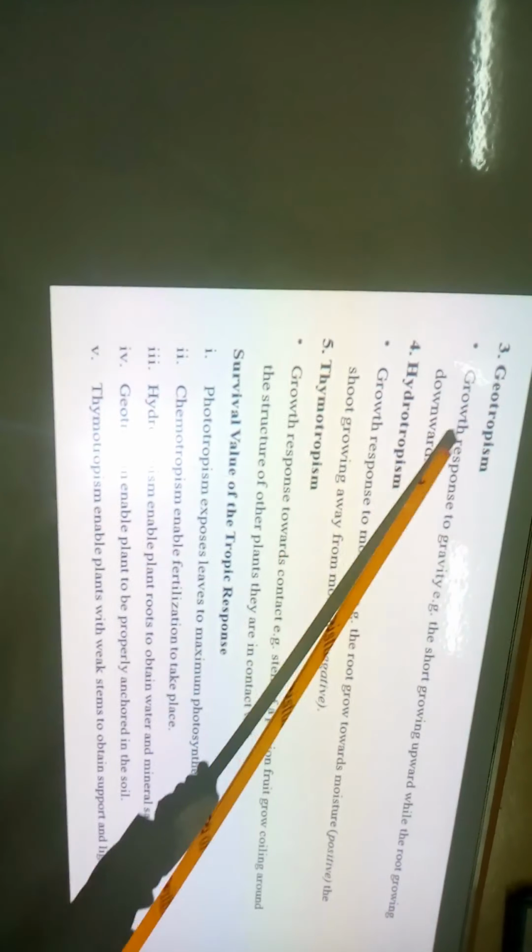Types of tropic responses. We've got phototropism, chemotropism, geotropism, hydrotropism, and thigmotropism.